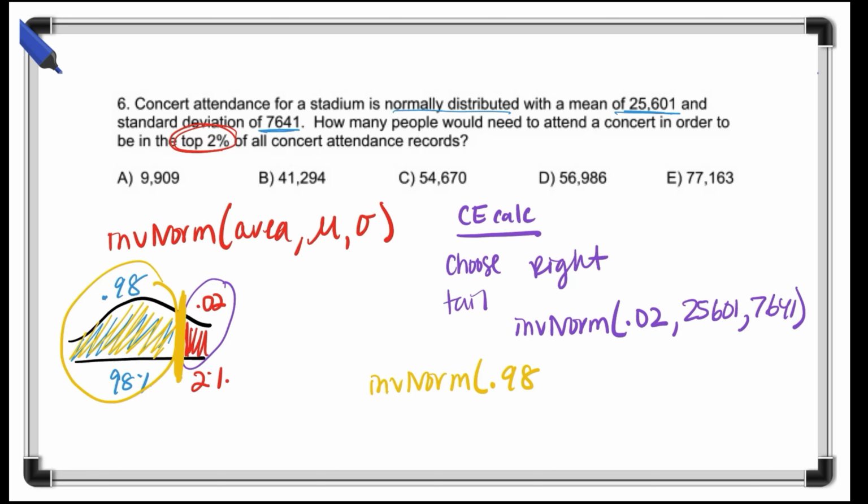So now you've got 0.98, and again 25,601 and then 7,641. When you plug this into your calculator, what you will get is about 41,293.69. So when we round up, you're going to get letter B.